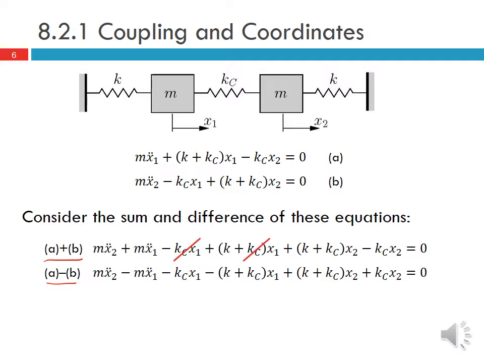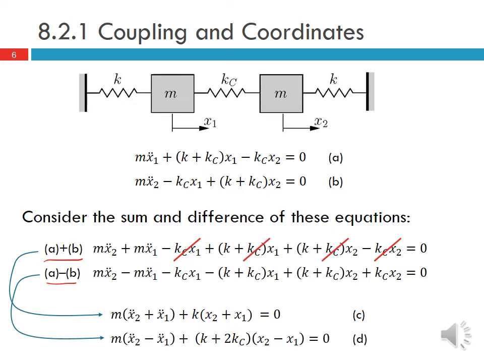So we can simplify these, as you can see. So A plus B gives us m times (x2 double dot plus x1 double dot) plus k times (x2 plus x1). So let's call this C, and then A minus B gives us this expression. So m times (x2 double dot minus x1 double dot) plus (k plus 2kc) times (x2 minus x1). And let's call this D.